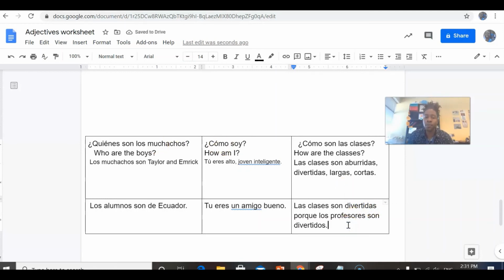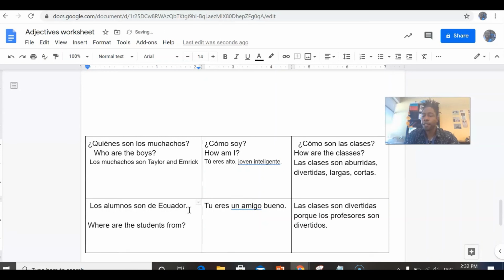So we've got three distinct sentences here. We're going to go from the sentences to what would make us say something like this. And the first one says the students are from Ecuador. So I'll probably ask, where are the students from? So in Spanish, this will look like ¿de dónde son los alumnos?